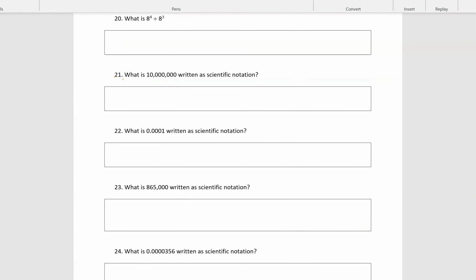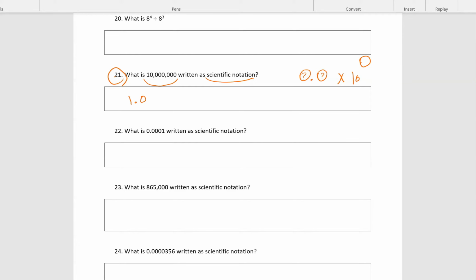So number 21, write this number in scientific notation. Scientific notation is, for example, the first one point, the second one, times 10 to the power of something. So in here we can write 1.0.